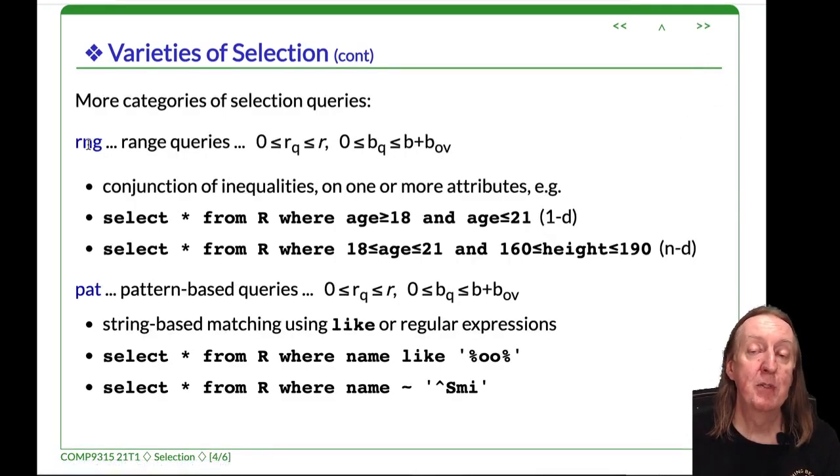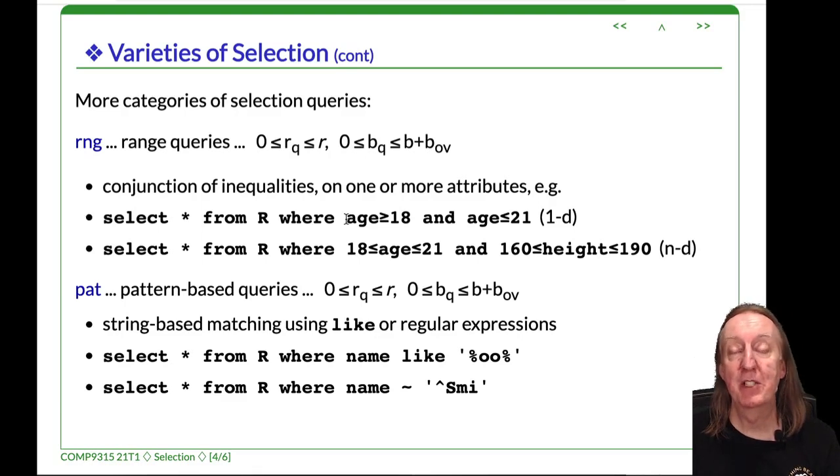All right, range queries, where we stop doing equality tests and we do inequality tests. So we're looking for age greater than 18 and age less than or equal to 21, so age between 18 and 21. The fact that we're dealing with age means we're going to have multiple answers anyway, and we're likely to have quite a large number of answers in this particular range.